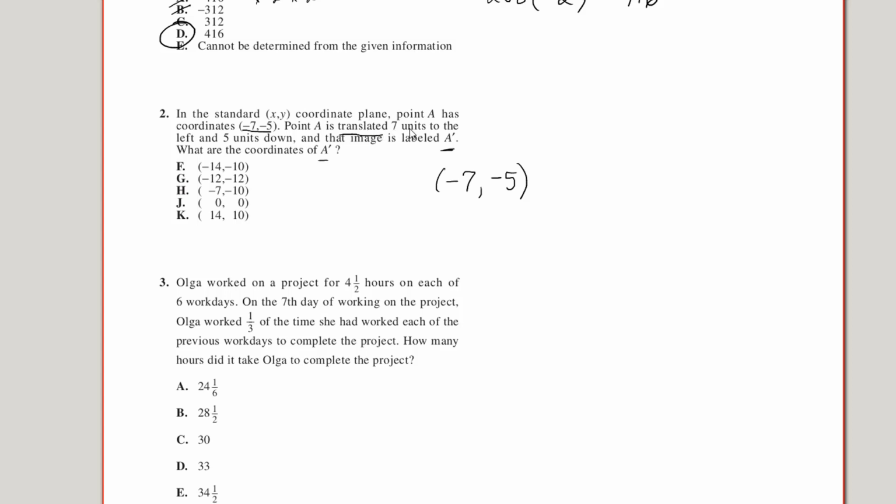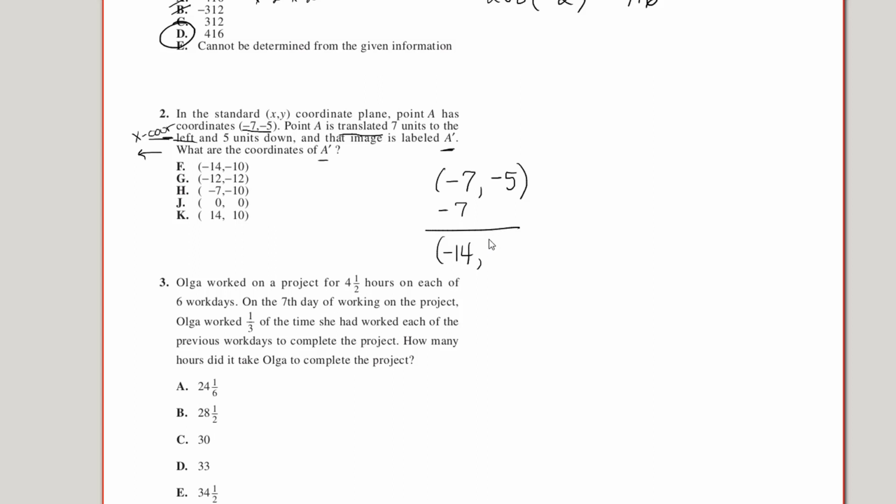It says it's translated 7 units to the left. When we're talking about going left or right, that's a change to the X coordinate, and 7 units left means in a negative direction. So instead of being at negative 7, we go 7 units to the left. We subtract 7 units, and we have a negative 14 for our X value.